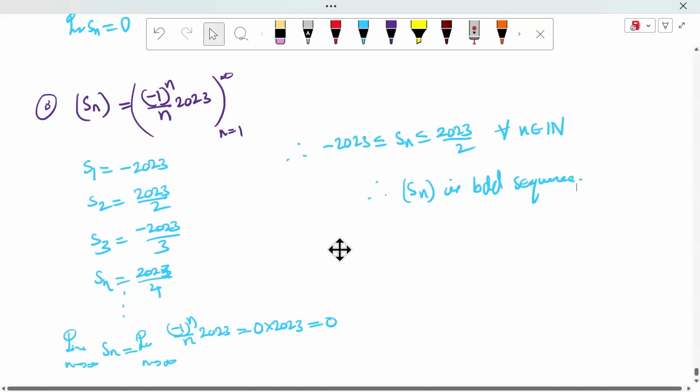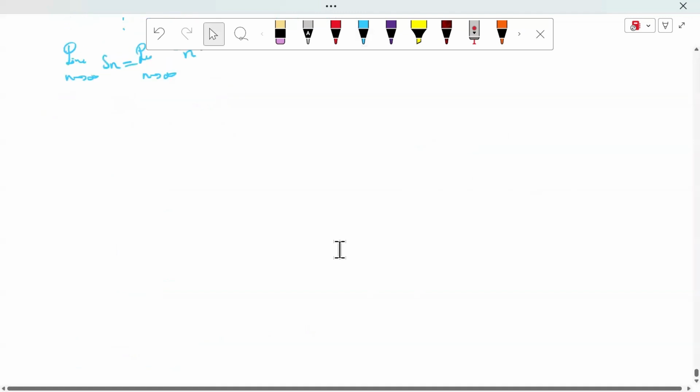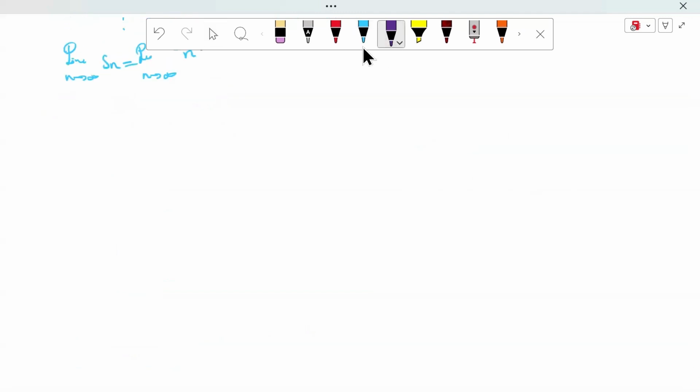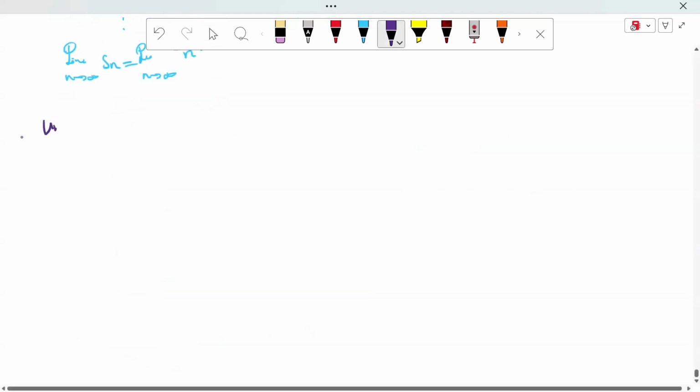Next definition is the unbounded sequence. What is the definition of an unbounded sequence?